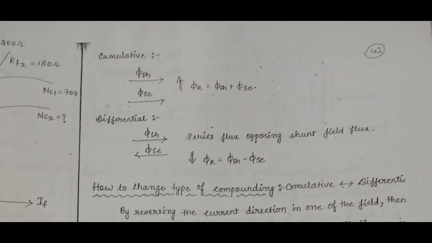In cumulative, PHI sh and PHI se aid, so PHI r is greater, equal to PHI sh plus PHI se. In differential compound, PHI sh and PHI se are opposing, the series flux opposing the shunt field flux.